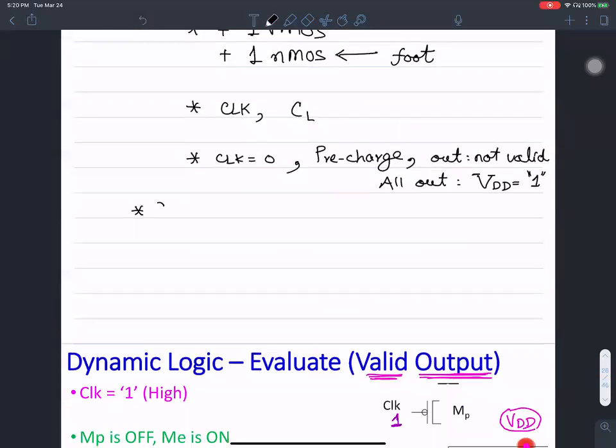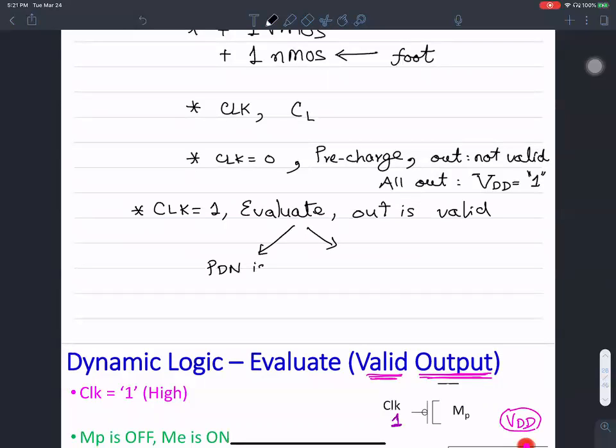During the evaluate phase, when the clock is 1, the output is valid. There can be two conditions. If the pull down network is on, then the output is going to be logic 0 because it is connected to ground.